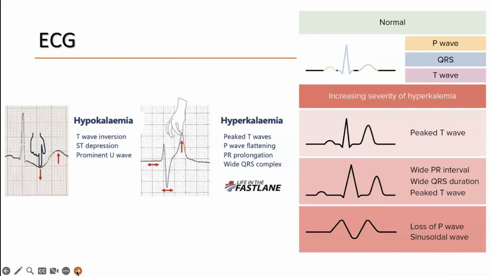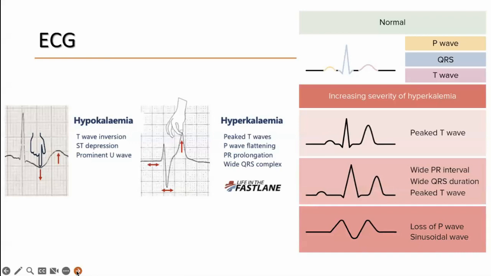And then when you get the sinusoidal wave, you've most likely got a potassium of greater than 8. And when these T waves merge to cause a sinusoidal pattern, this is usually just before a cardiac arrest occurs. So all of these ECG changes can result in bradyarrhythmias, so your sinus bradycardias, your blocks, and even a slow AF. And also then looking at your conduction blocks, like we said, bundle branch blocks, and your fascicular blocks.